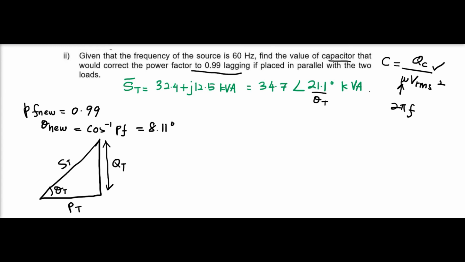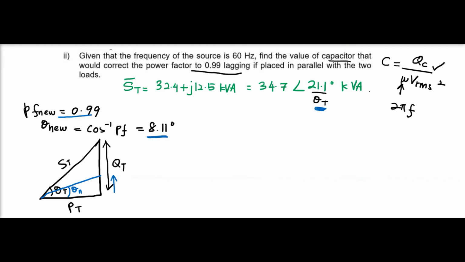Now you have the new power factor, so you get this new theta, 8.11. Look at the old theta, 21.1. The new one is smaller than the older one, so this is the new one, theta new.